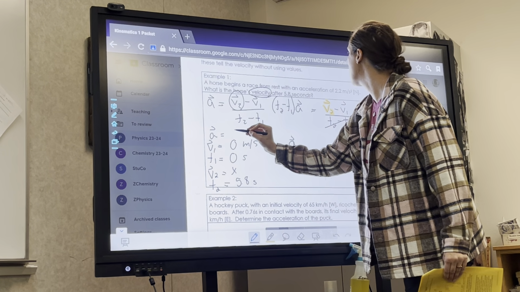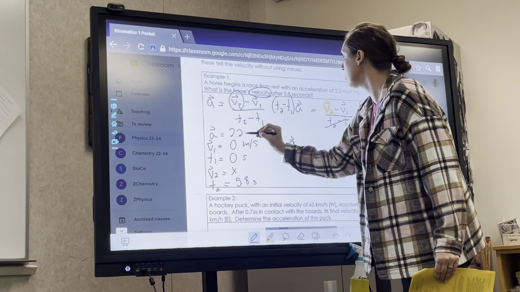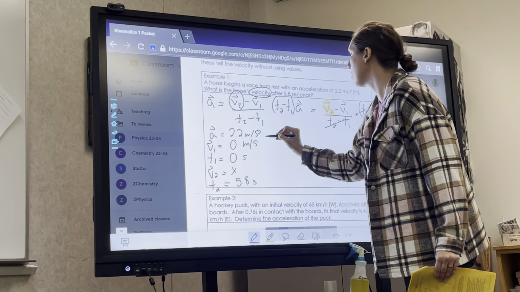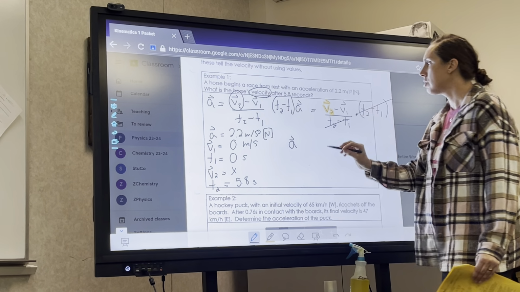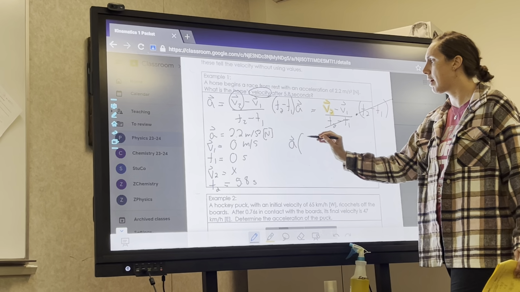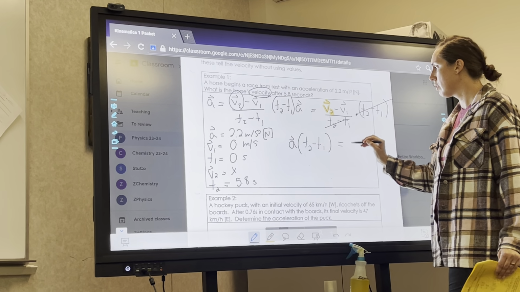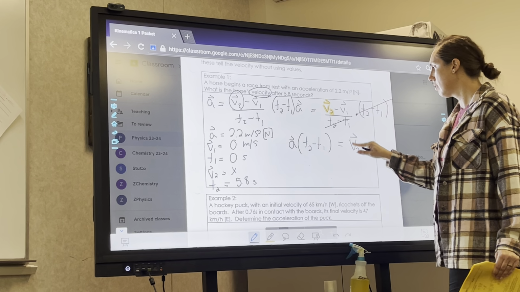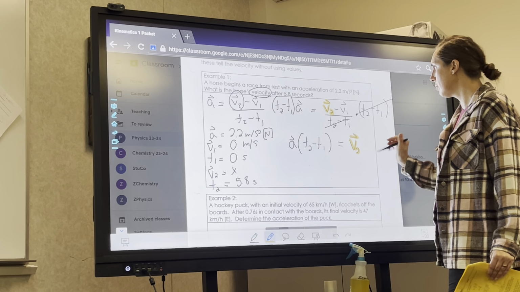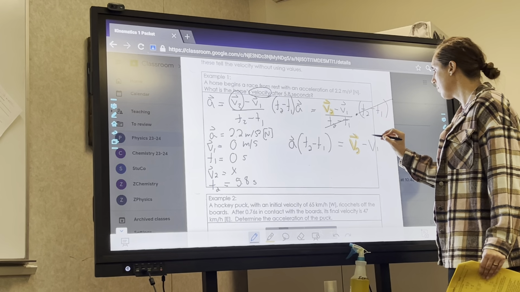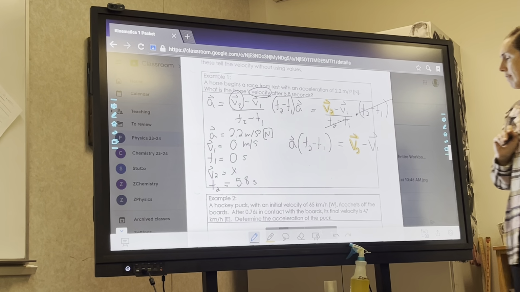It says it starts the race with acceleration of 2.2 meters per second squared north. So we have acceleration multiplied by T2 minus T1 equals V2 minus V1.